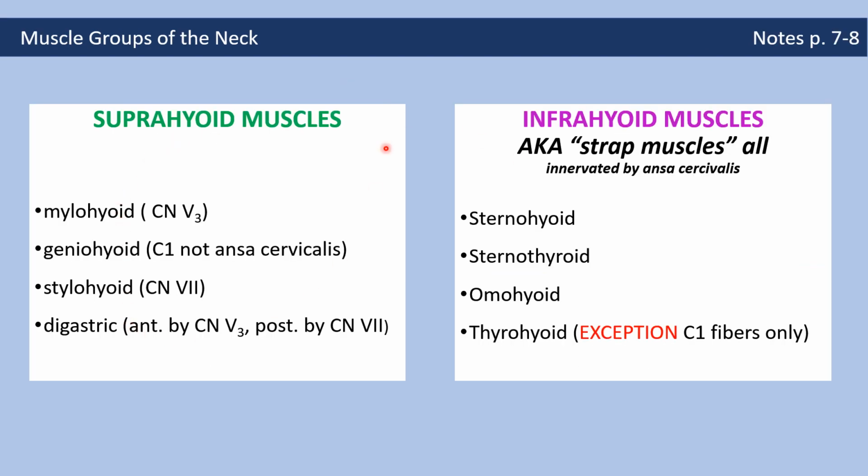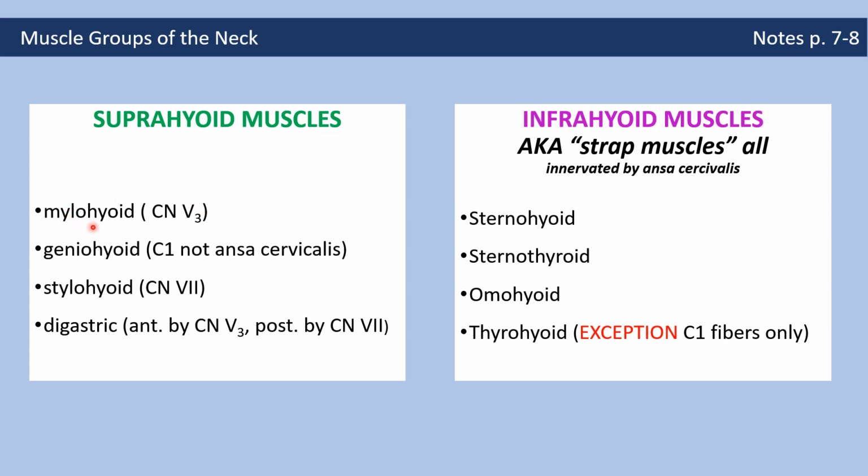The suprahyoid muscles have different innervations, and so it's not as convenient to group them all into one category, but the mylohyoid is innervated by cranial nerve 5, which is the trigeminal nerve. The trigeminal nerve is divided into 3 divisions, and only the 3rd division has motor innervation.